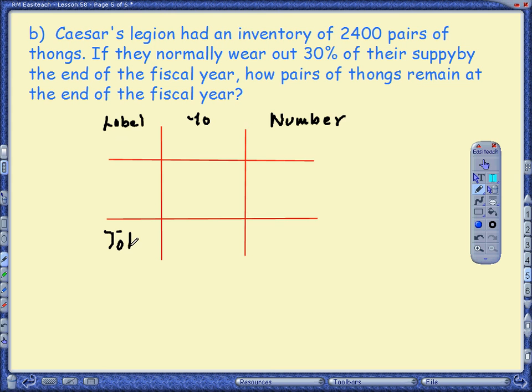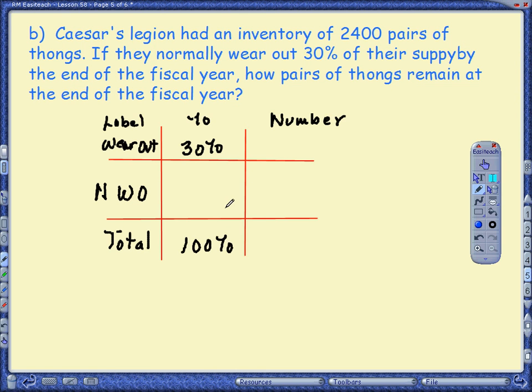Okay, so this would be the total pairs of sandals that they have. They wear out, okay? So the worn out part, that's 30%. And the not worn out, I'll just do NWO, not worn out, standing for that.